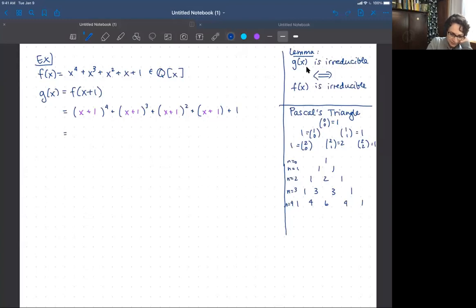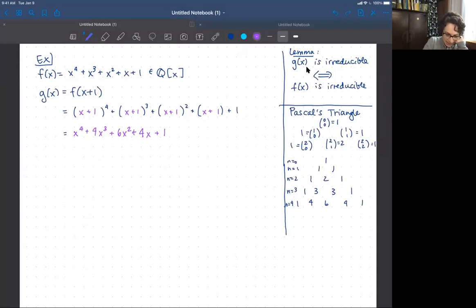So if I expand out x plus 1 to the fourth, using Pascal's triangle, what I'm going to end up getting is x to the fourth plus 4x cubed times 1. So I'm going to omit the 1, plus 6x squared times 1 squared. Again, I'm going to omit the 1, plus 4x times 1 cubed plus 1. So that expands out that first step for me.